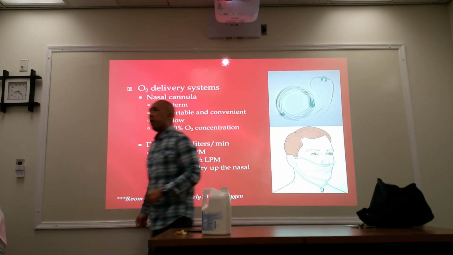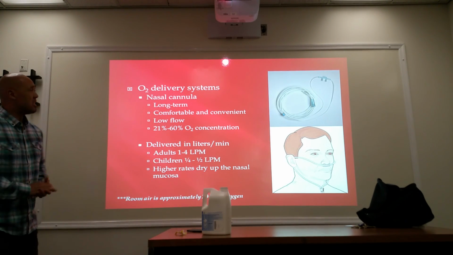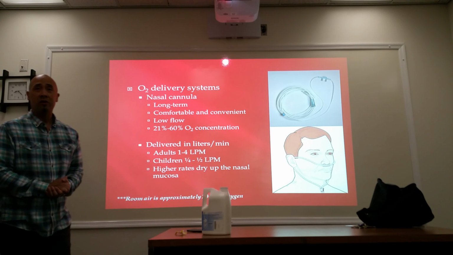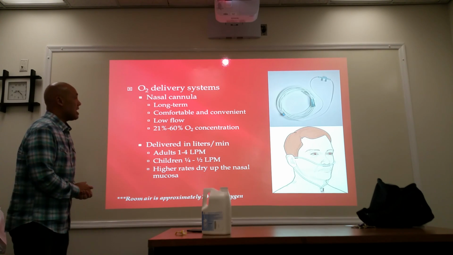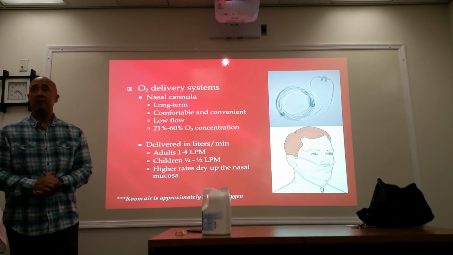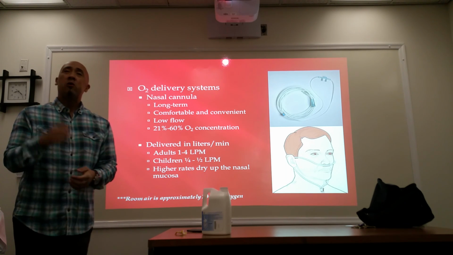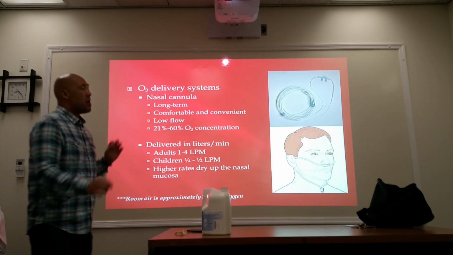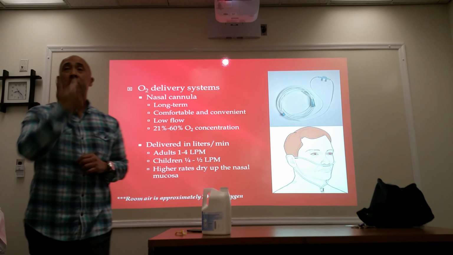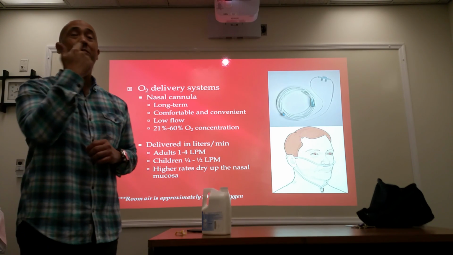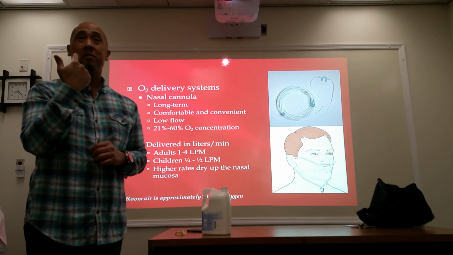All right? Now, the nasal cannula is for long term. It is very comfortable and convenient. It only gets uncomfortable when there's so much air going into the nose, it dries up the mucus lining. Okay?